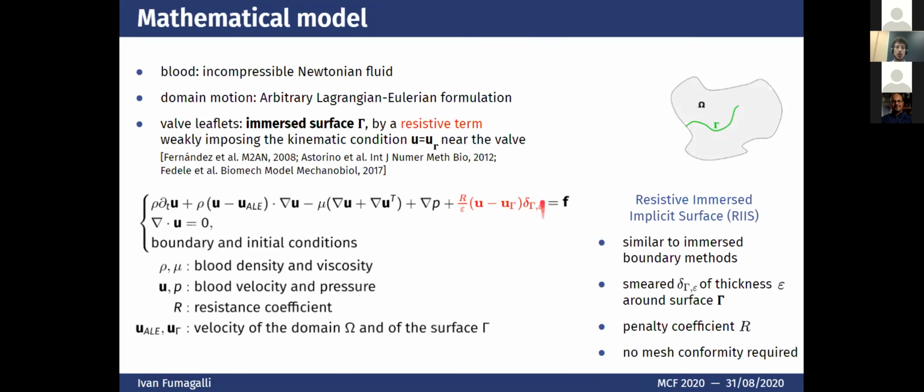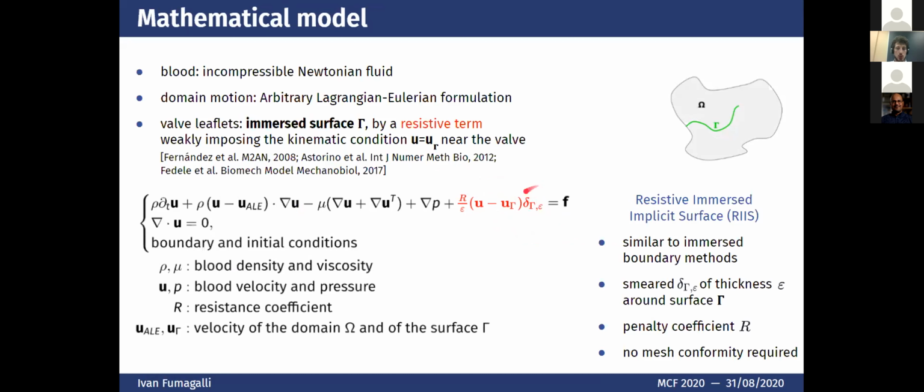In particular, we use the resistive immersed implicit surface approach, in which the kinematic condition that the velocity of the fluid has to be equal to the velocity of the surface is imposed weakly by penalty by this term here. And this penalty term is activated by this smeared delta function only in the neighborhood of the surface of the valve gamma.